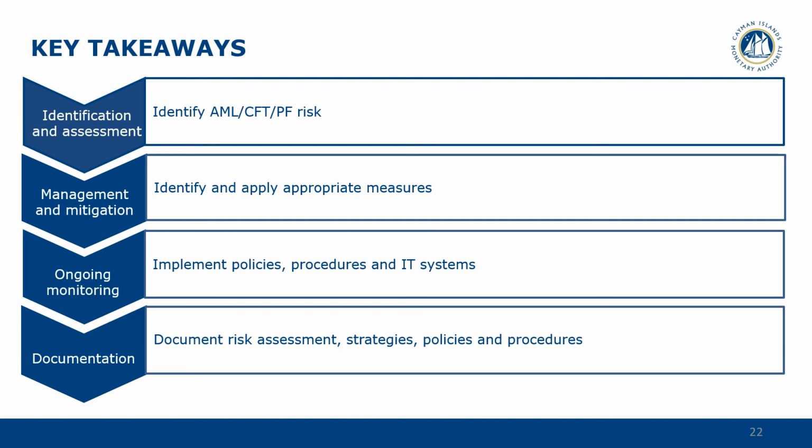As part of that ongoing monitoring, you would need policies, procedures and IT systems to support whatever strategy you put in place, and it's very important that all of the above is documented clearly and regularly updated to reflect reviews, assessment and senior management approval.